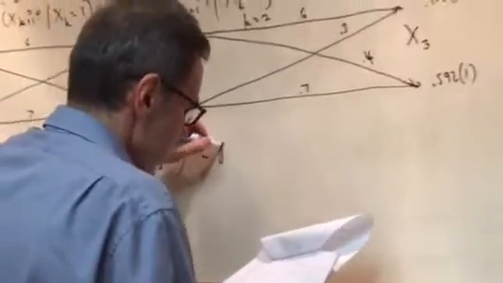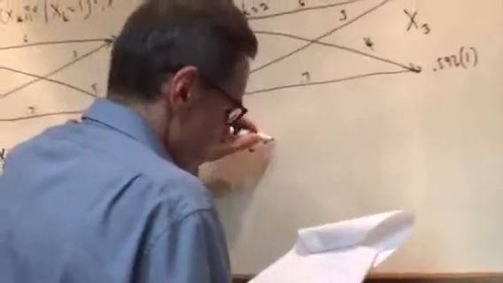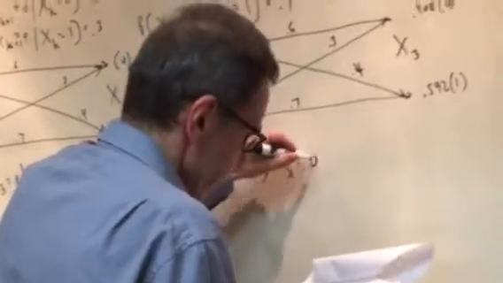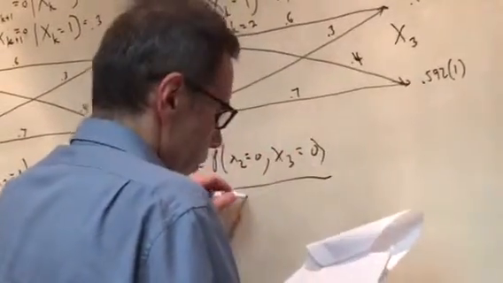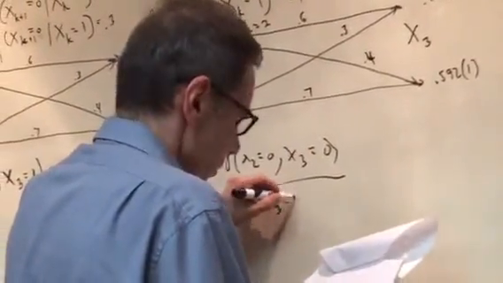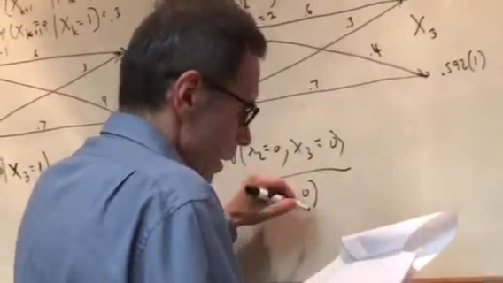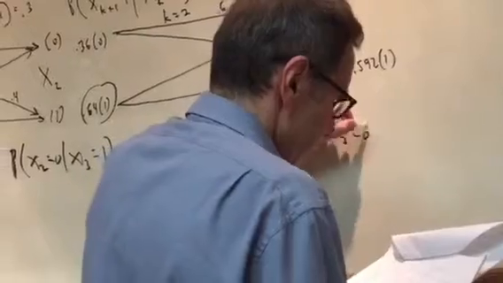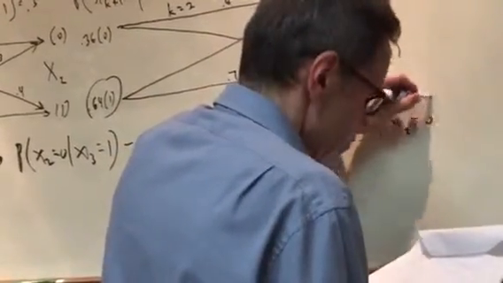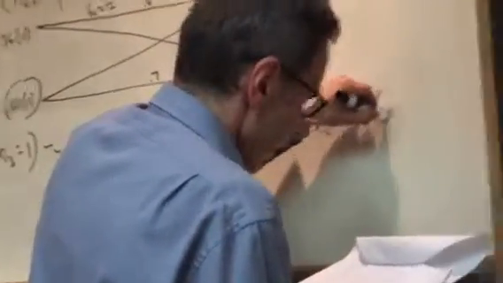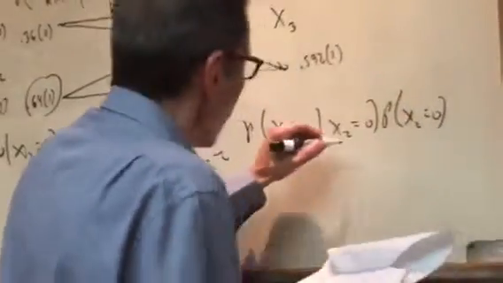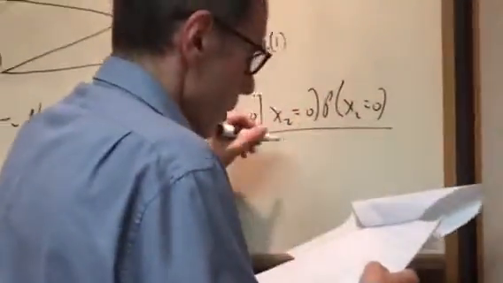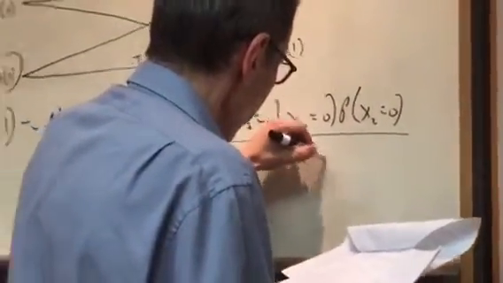And this is equal to probability of x2 equals 0, x3 equals 0 over x3 equals 0 probability, and that is going to equal the probability of x3 equals 0 given x2 equals 0 times the probability of x2 equals 0 over probability of x3 equals 0.